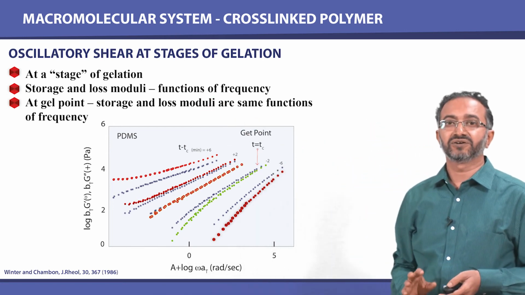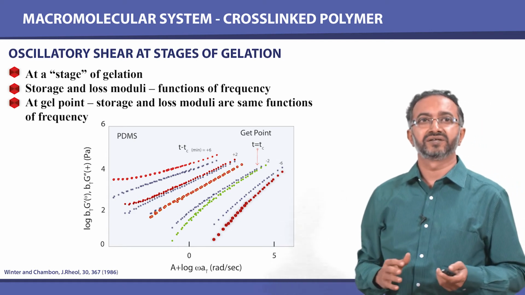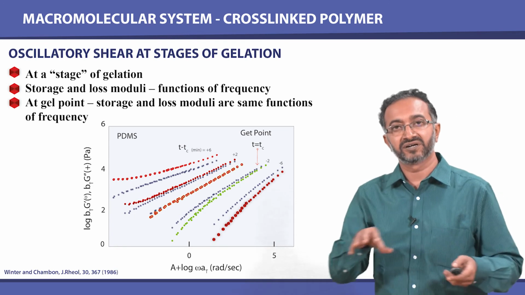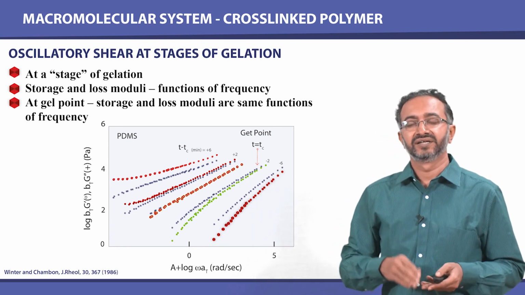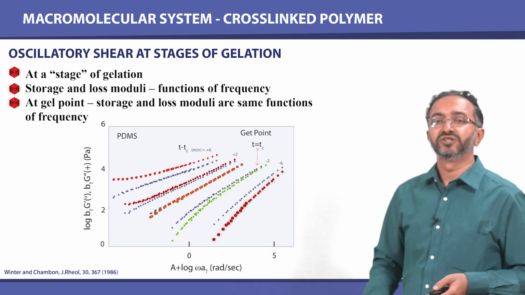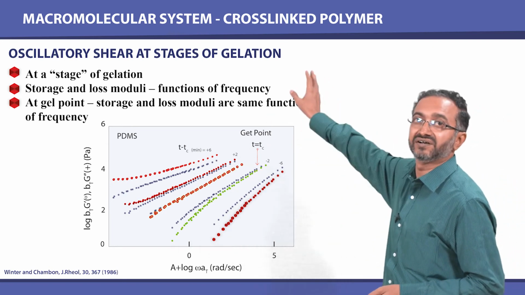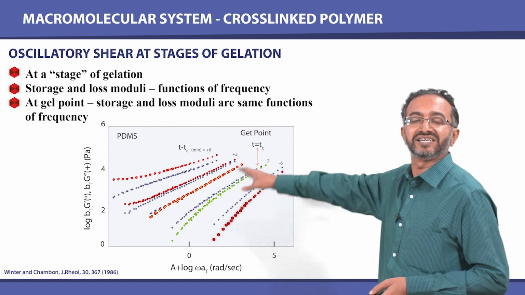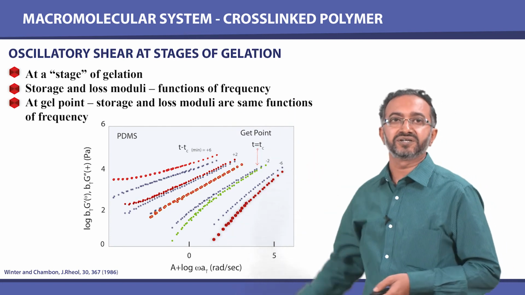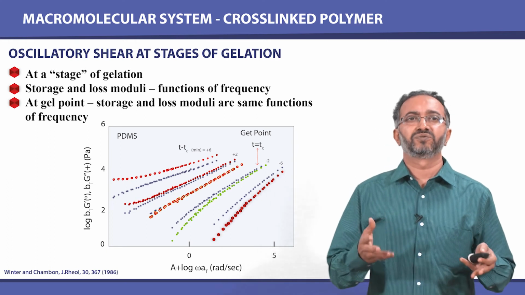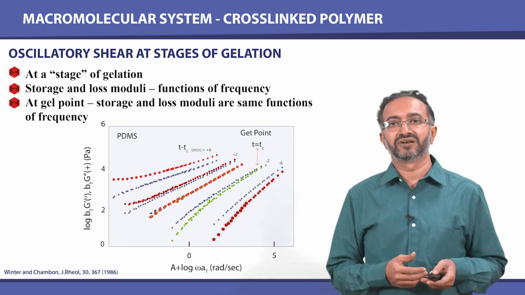In this set of data, when the material is predominantly in the sol state, with predominantly low molecular weight material, the extent of reaction is small and the overall response is liquid like. We see predominantly just power law dependence, basically straight lines on a log plot, where the dependence of G prime and G double prime follows the general viscous terminal response.